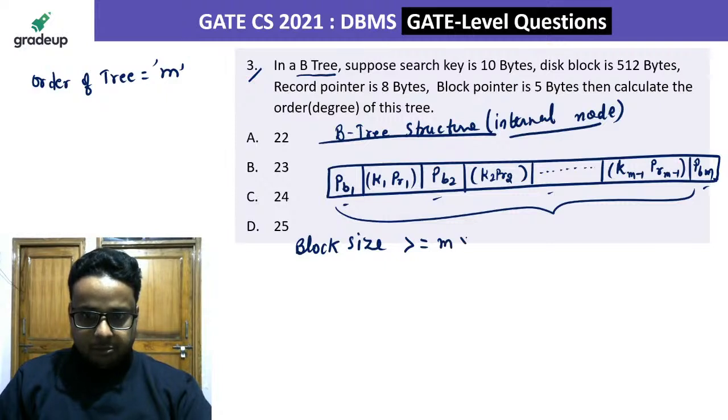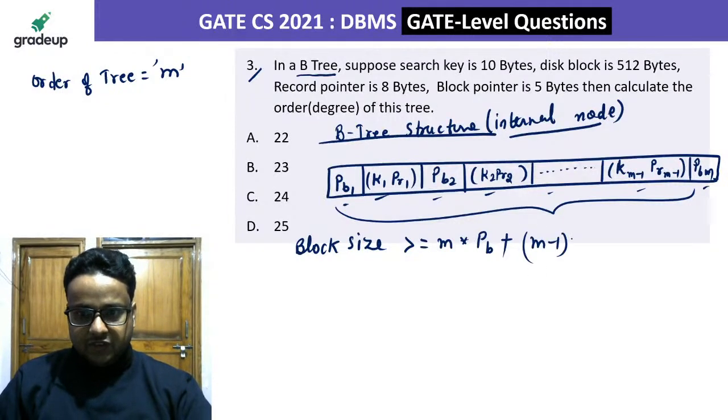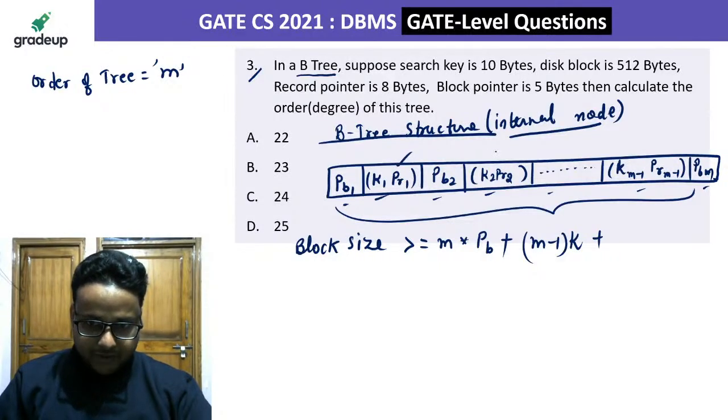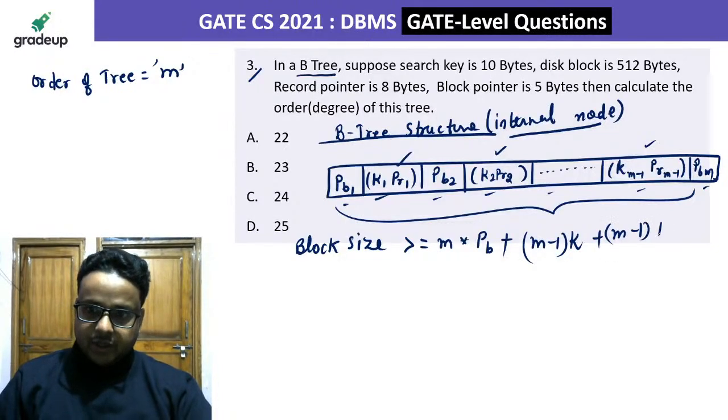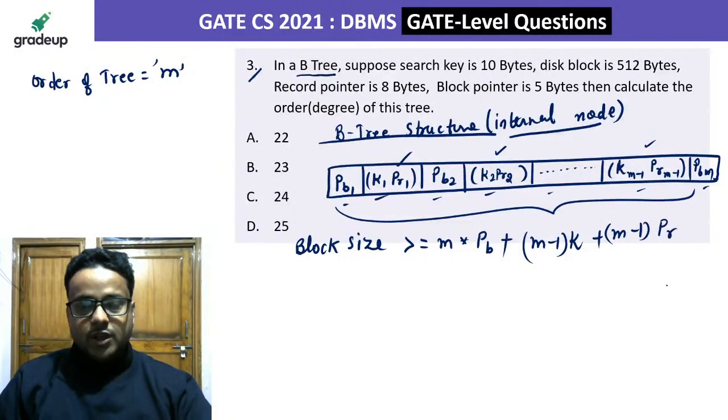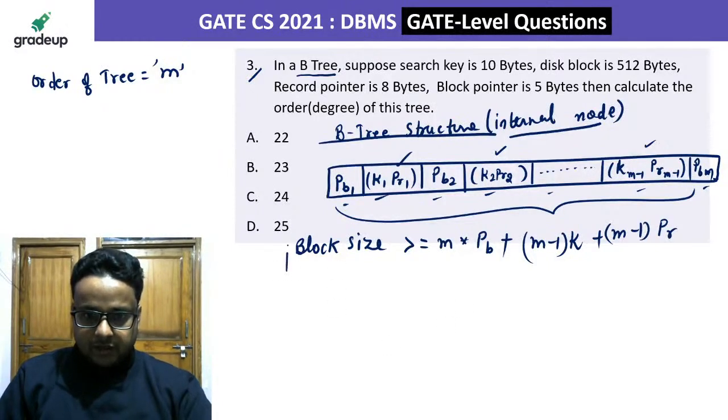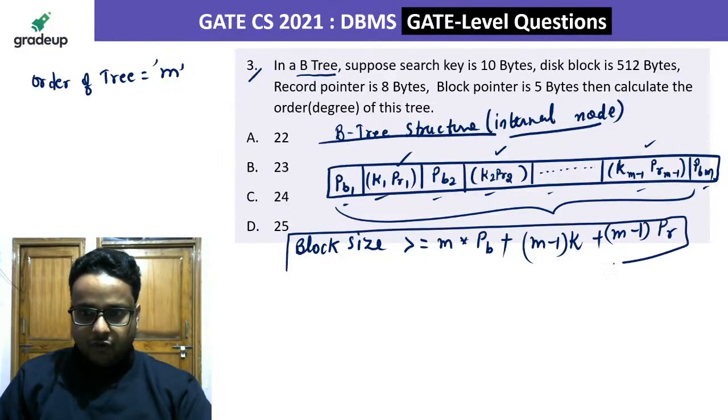So we have m block pointers. Take the size of the block pointer, plus how many keys will be there: 1, 2 up to m minus 1, so m minus 1 keys, plus how many record pointers: 1, 2, 3 up to m minus 1 record pointers, that is pr. Right, now this will be the general formula.